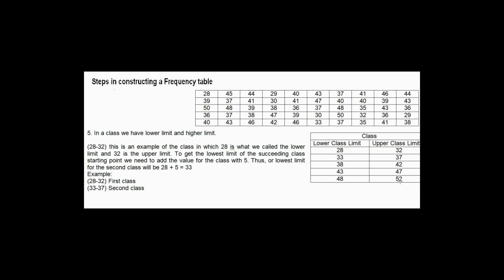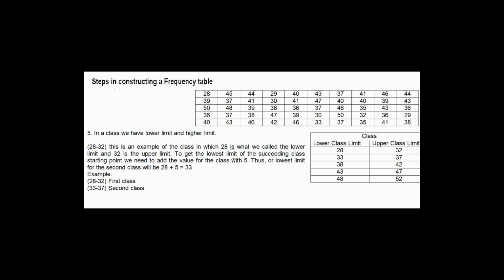Make sure when deciding on your lower class limit and upper class limit that the highest value of the data must be included. So, again, we will deduct 1, or we will use the number prior to the lower class limit of the second class.